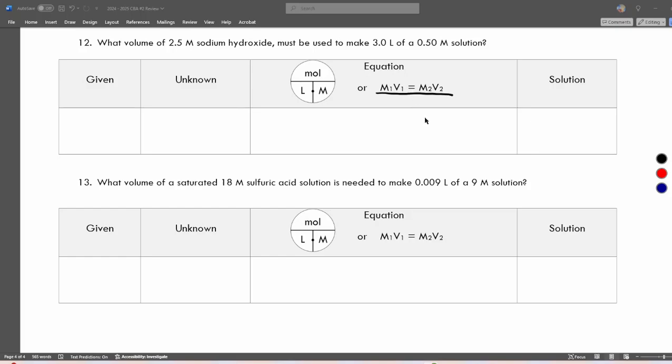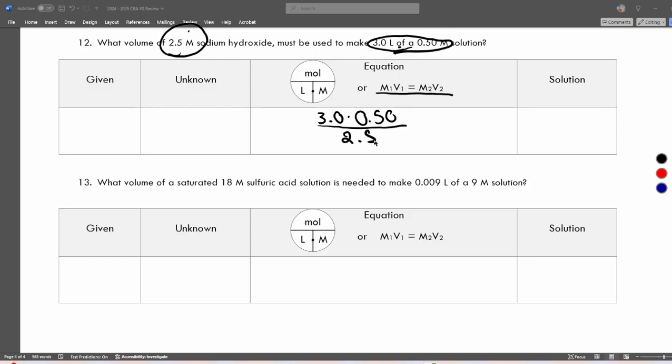And if we're using this equation, we can use our little trick. 2 numbers will always go together. These 2 numbers go together, and this number is by itself. This is our bat. This is our ball. So we multiply the bat. We're going to say 3.0 times 0.50 divided by, we can make a little fraction, the other number, 2.5. I'm going to allow you to put that in your calculator and figure it out on your own.